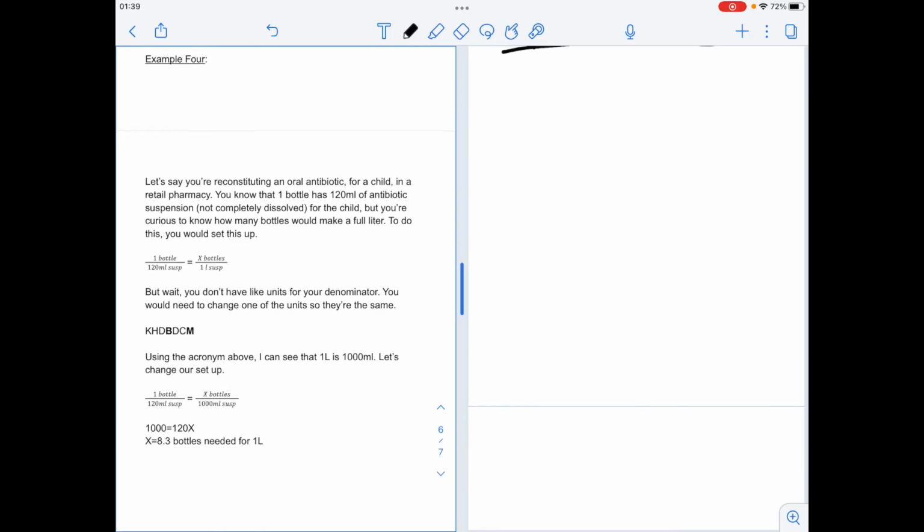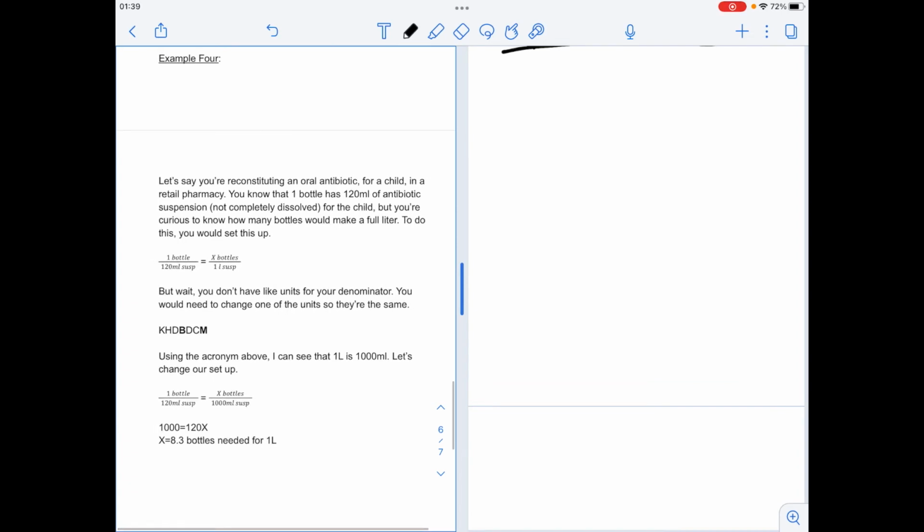So right here, as you can see, our given was right here. So one bottle has 120 milliliters. So that's why we write right here: one bottle, 120 milliliters. What you're trying to find, you set equal to. So we're trying to find how many bottles. So once again, like units are at the top.